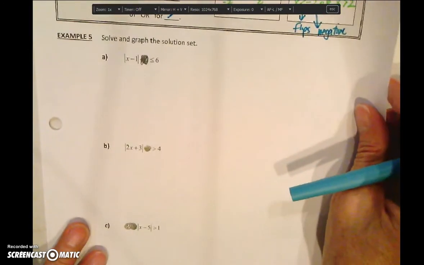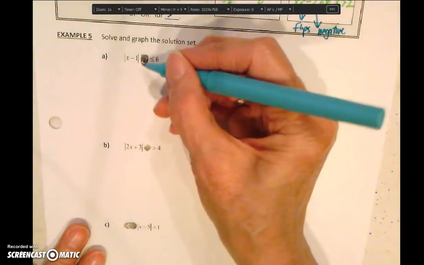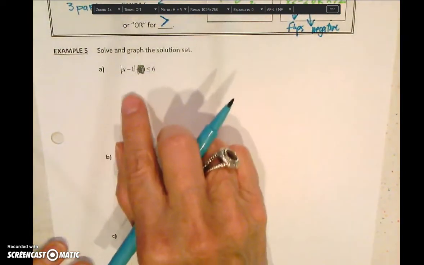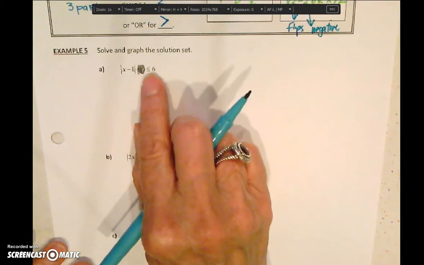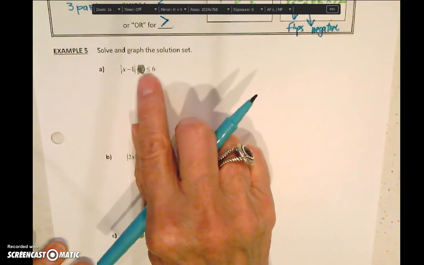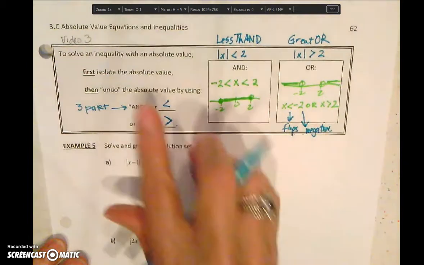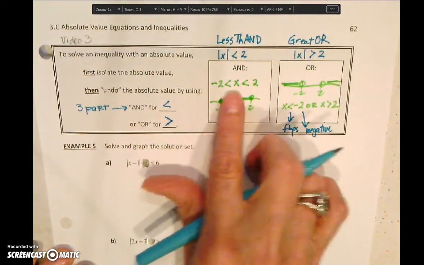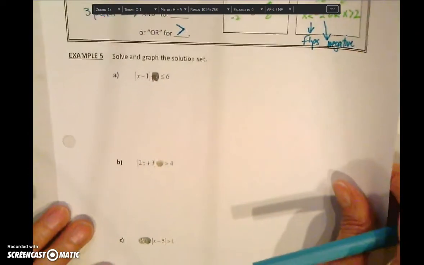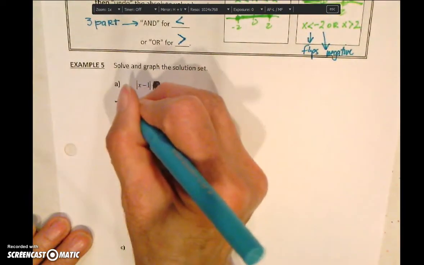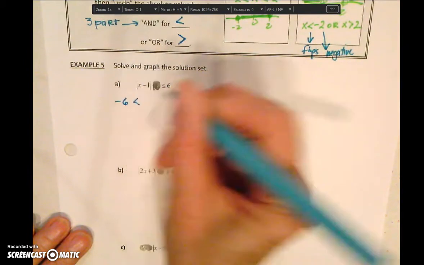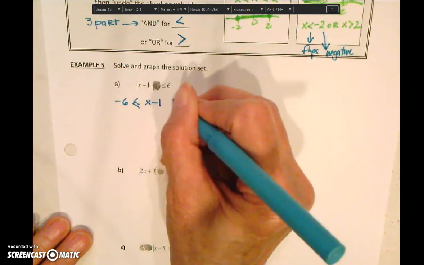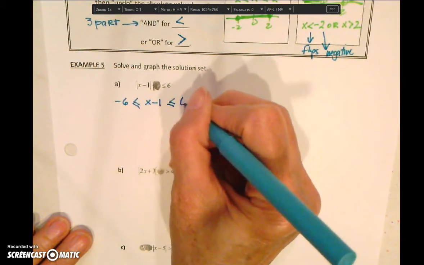All right, so let's work some. So I have the absolute value of x minus 1 is, notice I took away the middle part, we'll work up to that. So I have the absolute value of x minus 1 is less than or equal to 6. So I see that it's a less than. So for a less than, I'm going to do this three-part inequality right here. So I'm going to start off and put negative 6 less than or equal to the inside, so x minus 1, and then it's less than or equal to the positive.